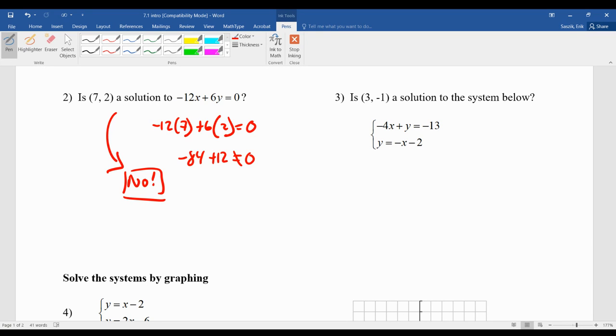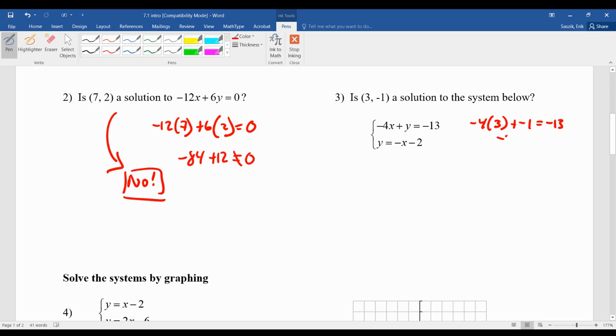Now, what we're going to start to get into is systems of equations. A system of equations means you have 2 or more lines in the same problem. And we're asked if this is a solution to the system below. For this point to be a solution to the system, it has to work in both equations. Not just one, but both. So let's just plug into the top one. -4, we'll plug in 3 for x.